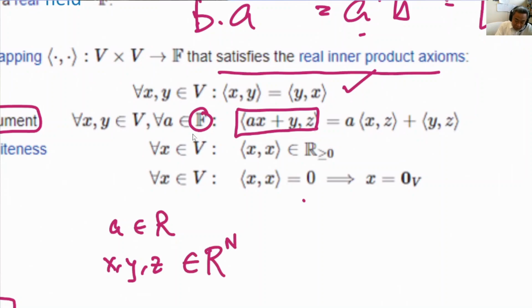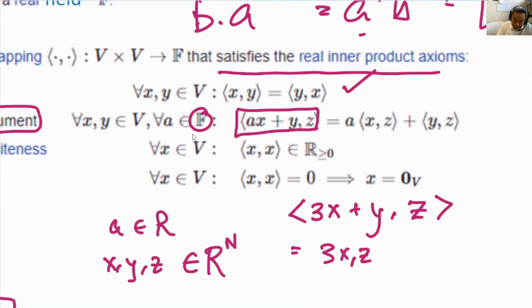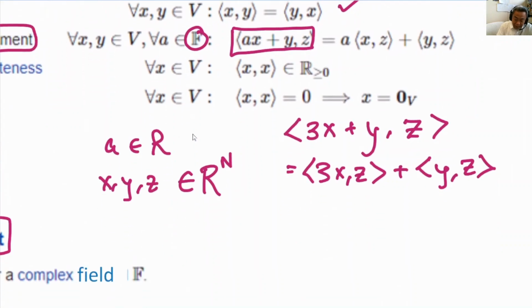So if we have, for example, 3x plus y inner product with z, then it is the same as 3x comma z inner product plus y comma z.